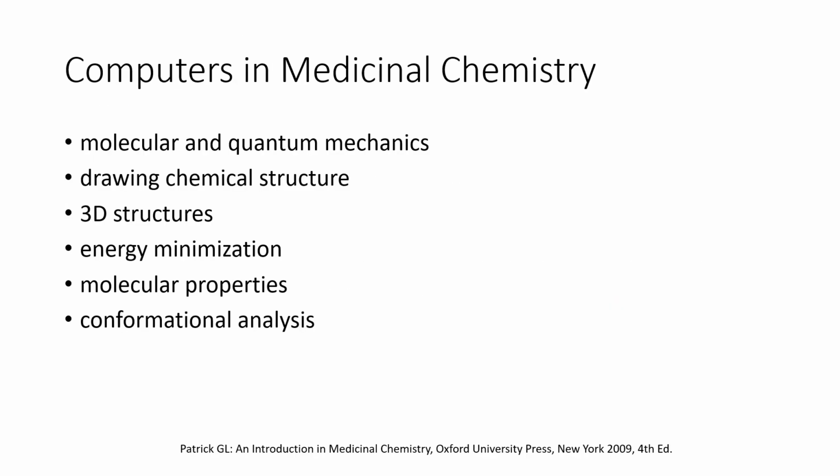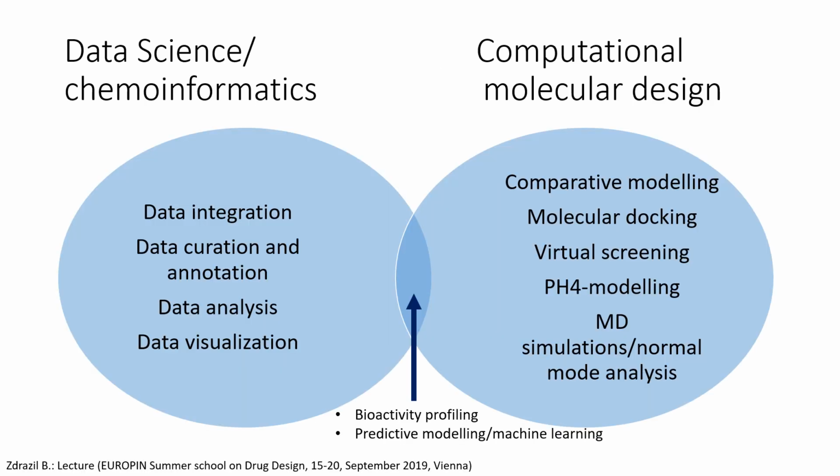I think we can mention generally that computers in medicinal chemistry can be used for molecular and quantum mechanics calculation, for drawing chemical structures, for generating 3D structures of molecules, for energy minimization, calculation of molecular properties, and also for conformational analysis. We can somehow divide computational chemistry into two parts.